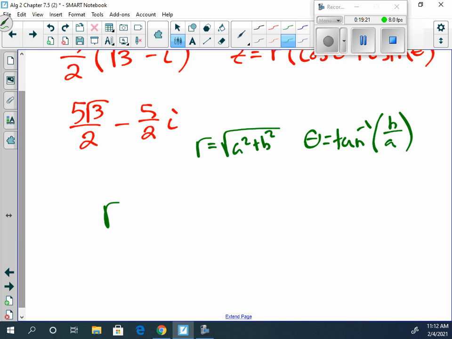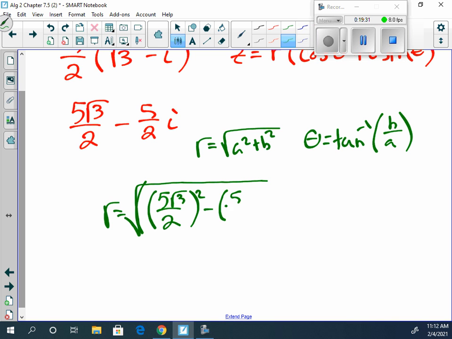So for us here, r is going to equal the square root of 5 square root of 3 over 2, squared, minus 5 halves, squared.